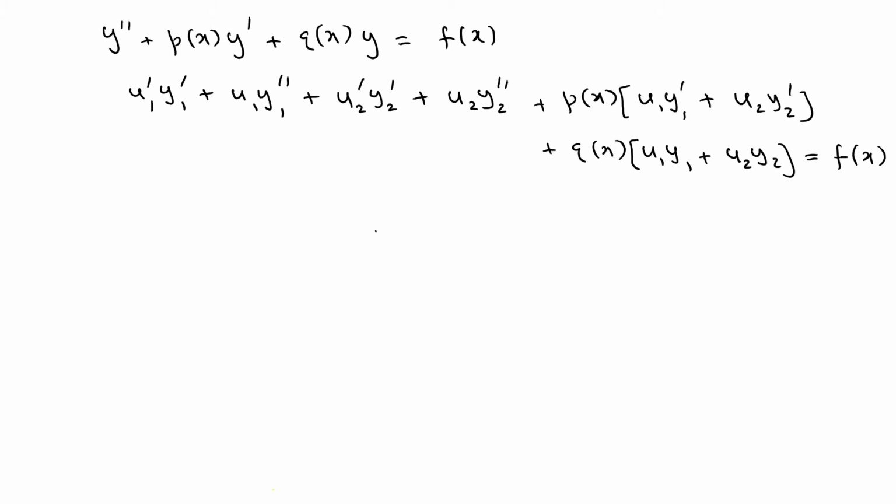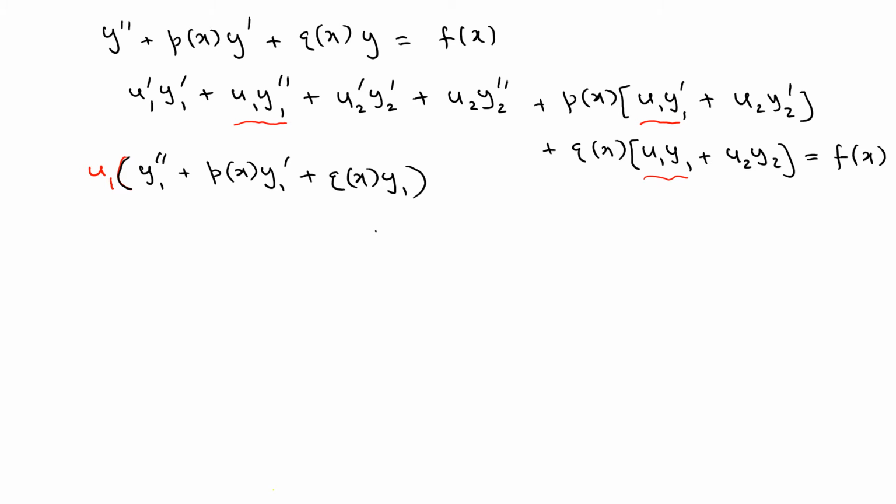Now we can isolate certain kinds of terms. First look at the terms with u1 in there. This has a u1, this has a u1, this has a u1. So we isolate those terms: u1 times y1 double prime plus p(x) y1 prime plus q(x) y1.